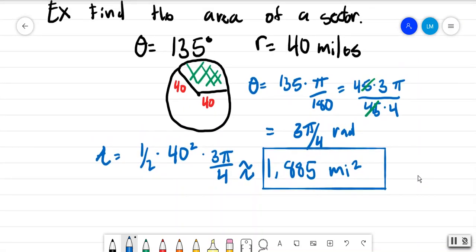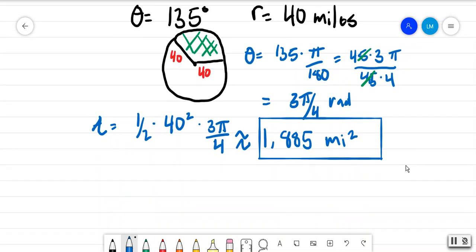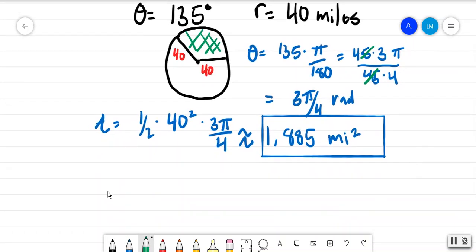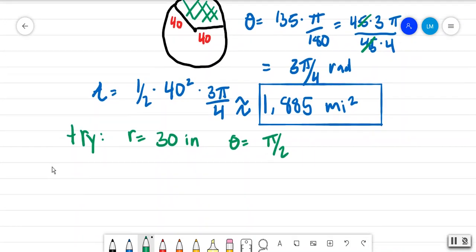Now, if theta was already given, then there wouldn't be too much to do. For example, if you have that r is equal to 30 inches and theta is equal to pi over 2, that's actually a little easier.